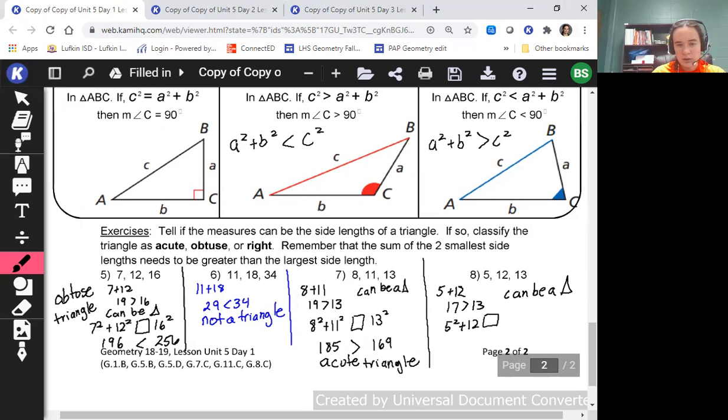Put a box because we don't know if it's greater than, less than, or equal to 13 squared. And 5 squared plus 12 squared is 169, and 13 squared is also 169. So since these are equal, we have a right triangle.